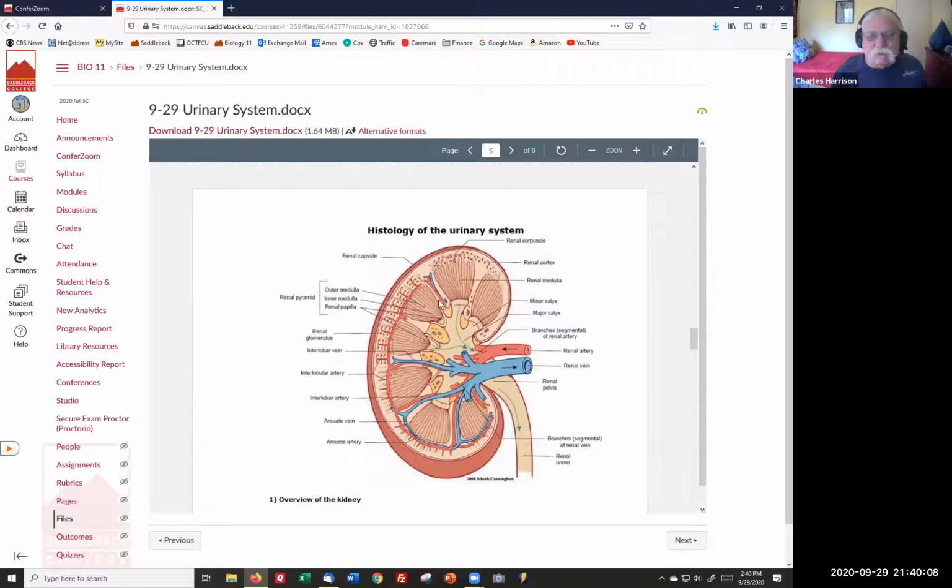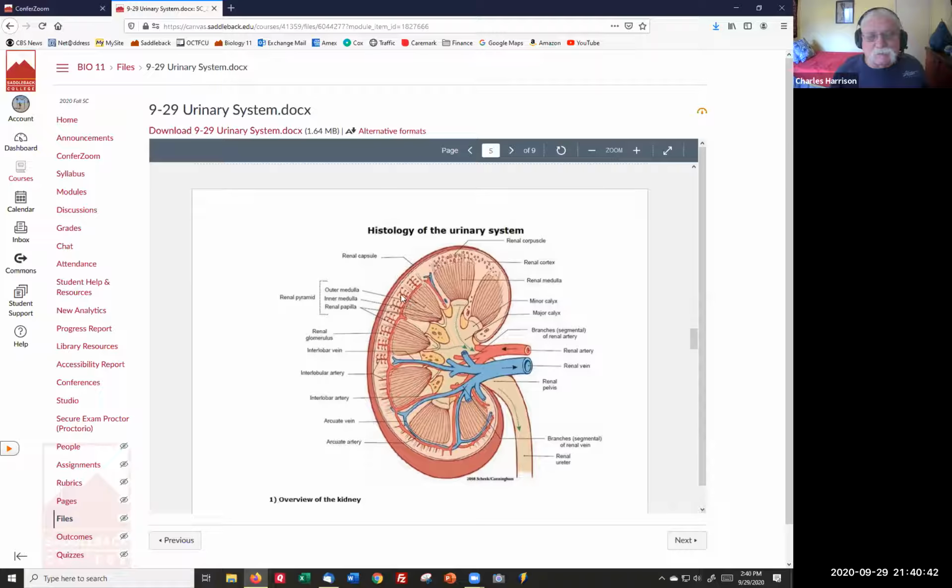It's bringing blood from the renal artery to the lobar artery, and then it turns and goes across the tops of the renal pyramids and separates the medulla from the cortex. As it goes across the top, look carefully because these diagrams never show it very well until you see a magnified one, which you're going to.